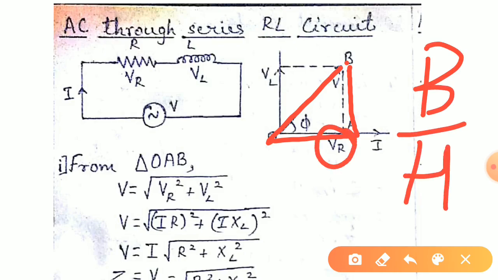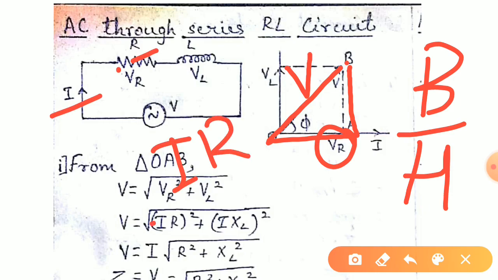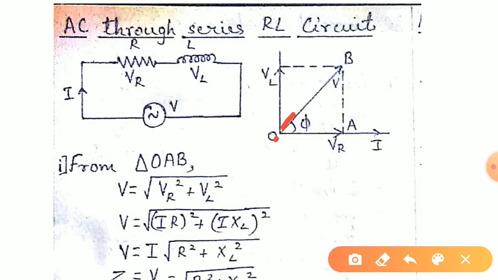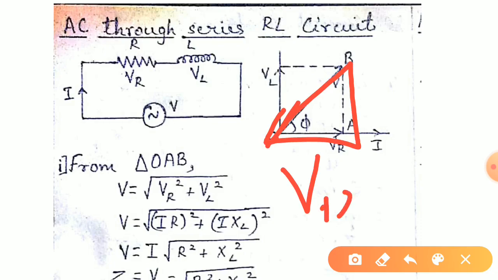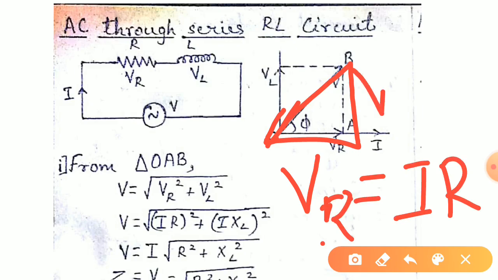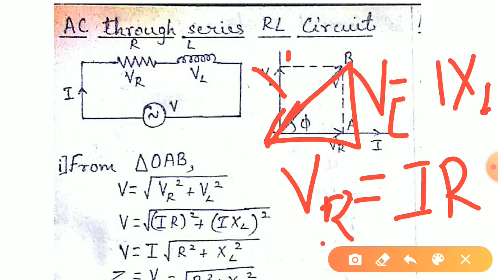Base is VR, hypotenuse is V. VR value is I into R upon V value is I into Z. Cancelling I, we get R by Z. So for the given right angle triangle, we can also draw an impedance diagram. So what is the impedance diagram? VR is equal to I into R, VL is equal to I into XL, and V is equal to I into Z.